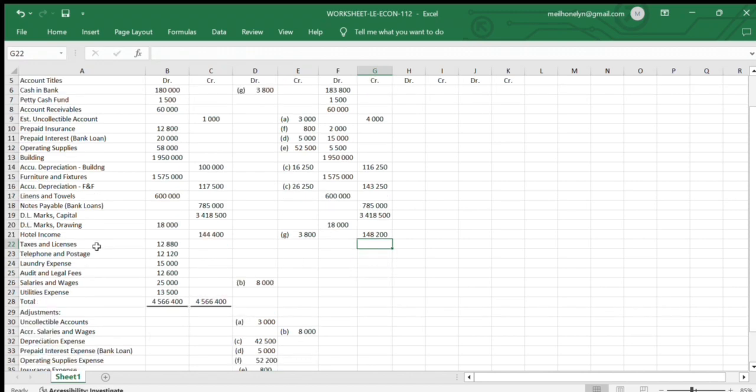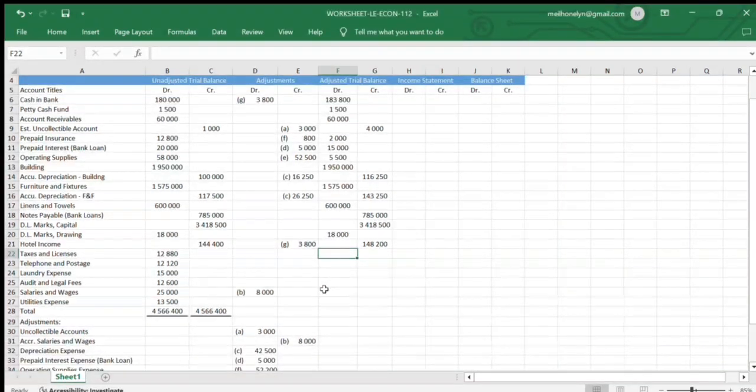The next ones will remain as is. The taxes and licenses, telephone and postage, laundry expense, and the audit and legal fees will remain as is, and will be plotted on the debit side of the adjusted trial balance since there are no adjustments that have been made. For the taxes and licenses, we will plot this on the debit side, 12,808.